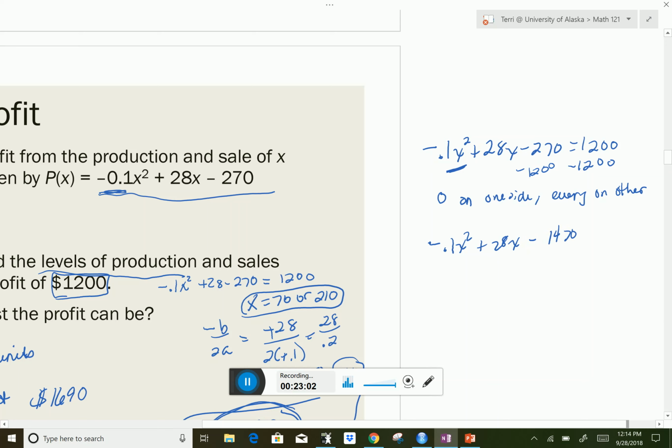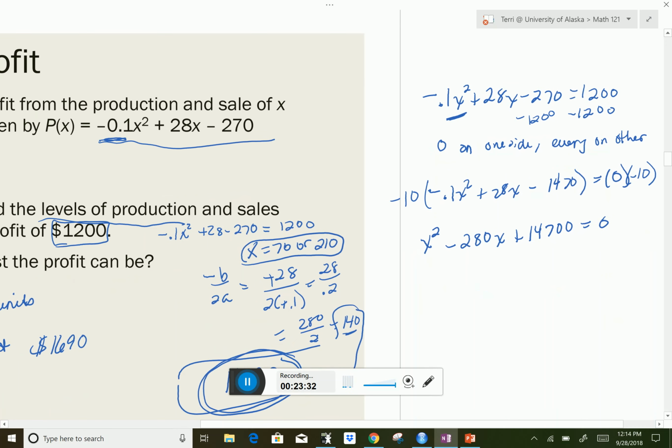Now, this looks really hard to do, but what if I multiply both sides of this equation by negative 10? On this side, negative 10 times negative 0.1 will just make x squared. This one will be minus 280x plus 14,700 equals 0. Now this is a little more difficult because we have to factor this.